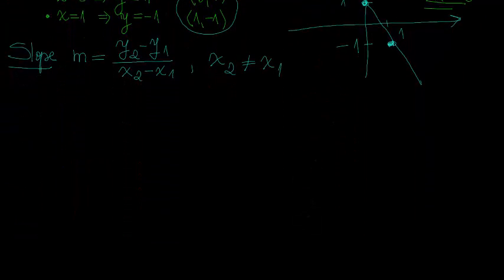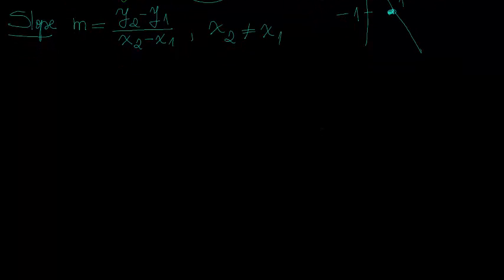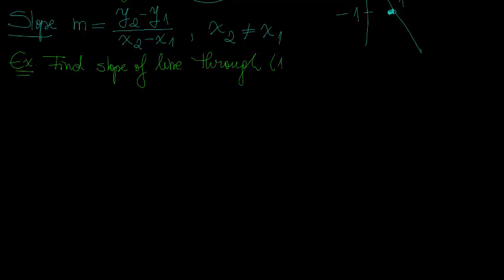So let's use this formula now to try to compute various slopes of lines. Let's say we want to find the slope of the line through the points (1, 2) and (3, 5).